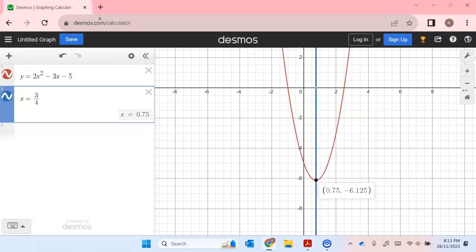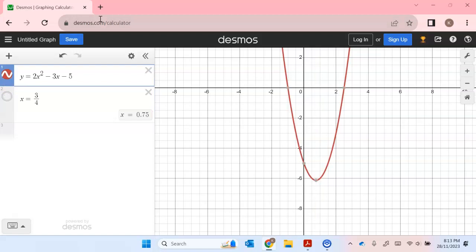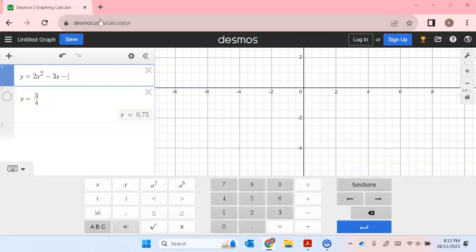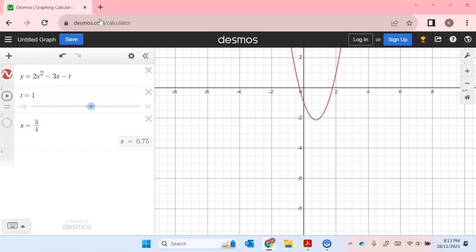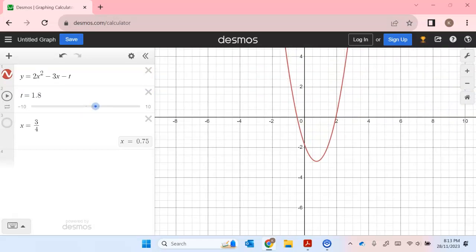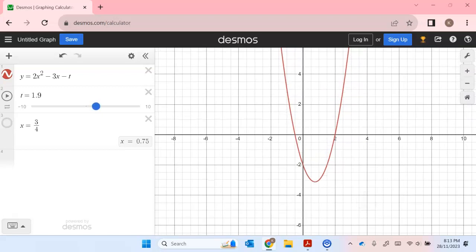If you think of it in terms of your parabola, I'm going to see if I can add a slider here. See my graph move. At this point our parabola is crossing the x-axis twice.